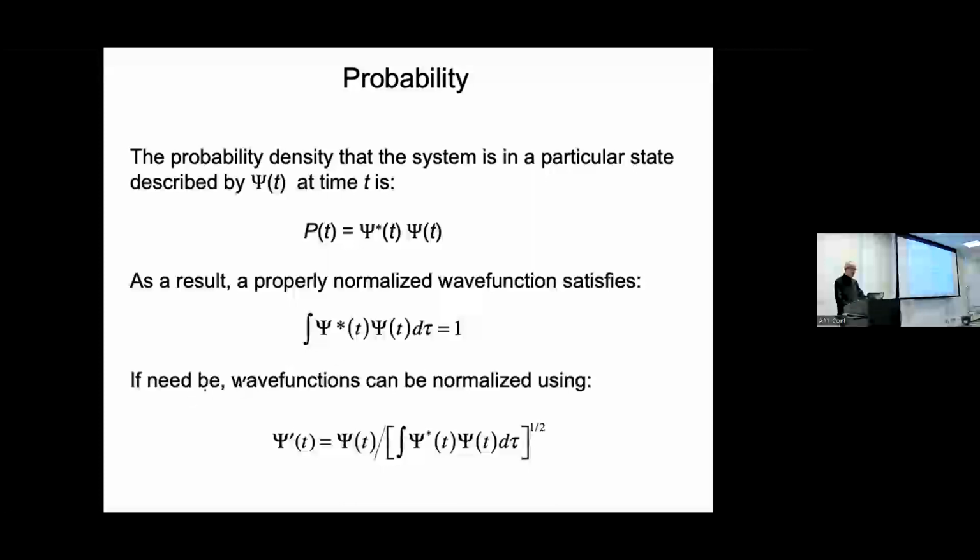Just a few details. A properly normalized wave function has the property that if we multiply the wave function by the complex conjugate and integrate over all the coordinates of the system, we get 1. If that's not true, we can always normalize the wave function by dividing it by the square root of whatever that integral was.